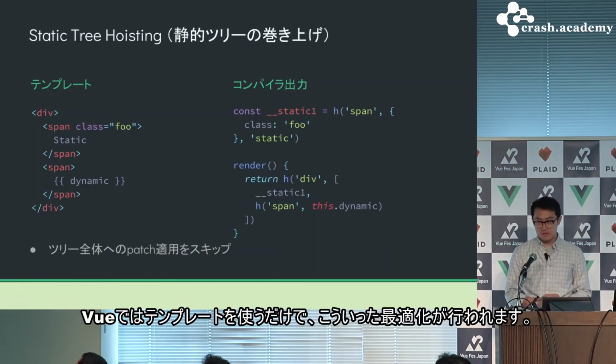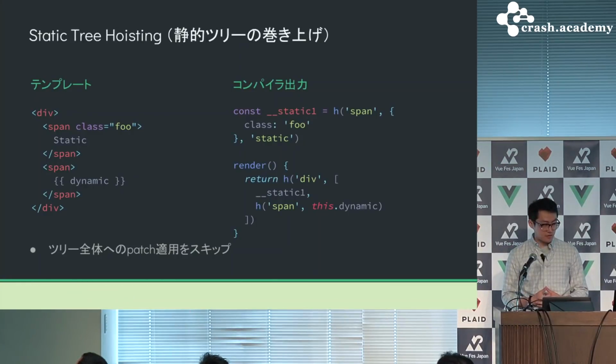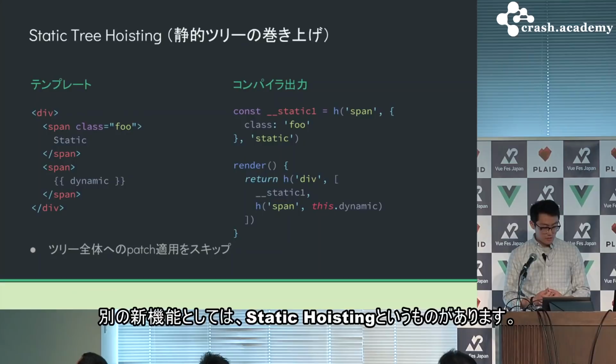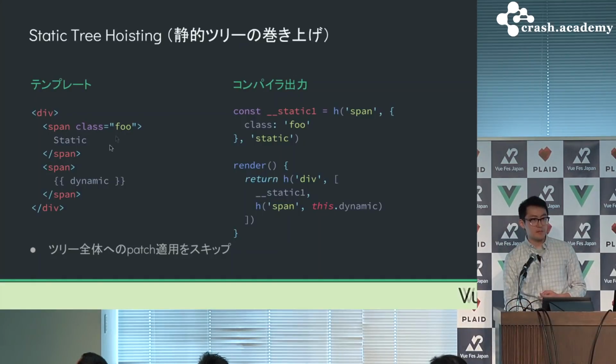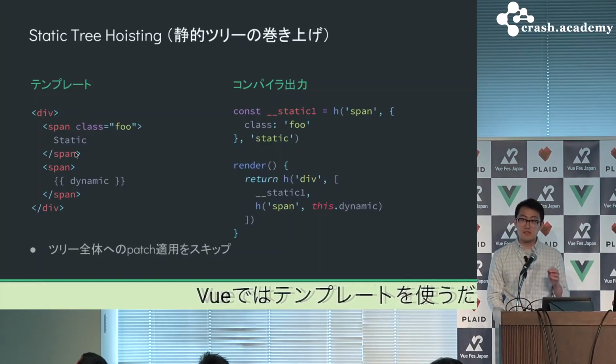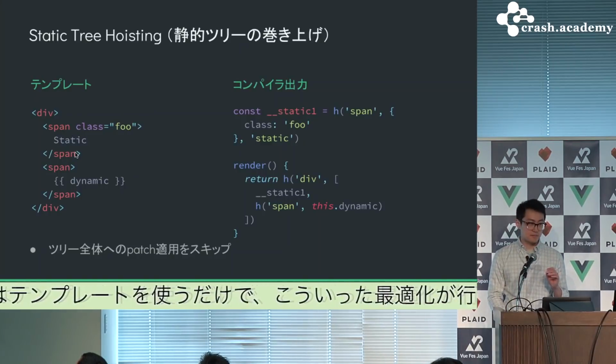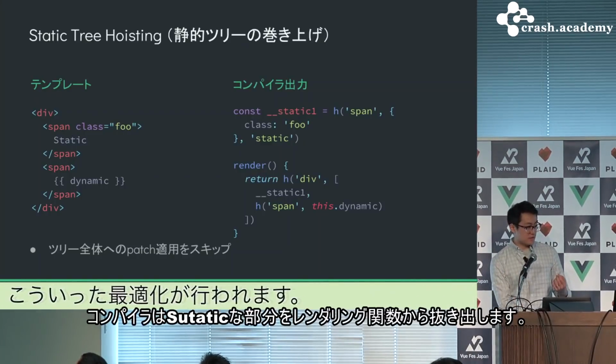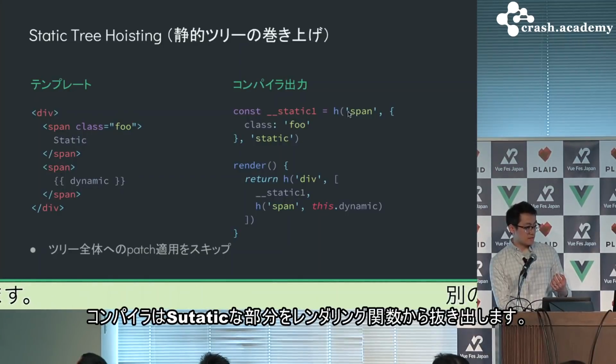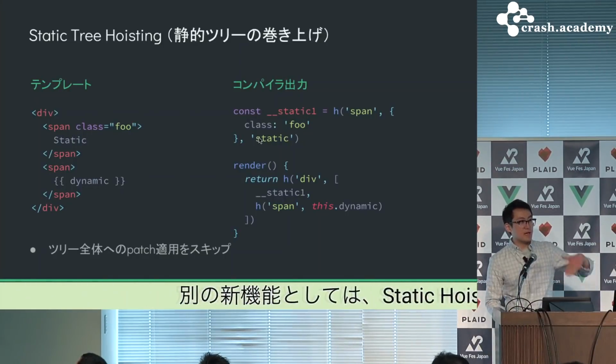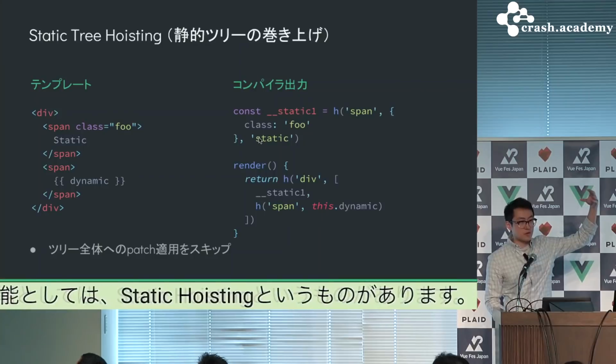Another example is something called static tree hoisting. Static tree hoisting means we are detecting some parts of the template that are static. They don't depend on any data. So the compiler is able to just create the static parts outside of the render function. This is called hoisting.